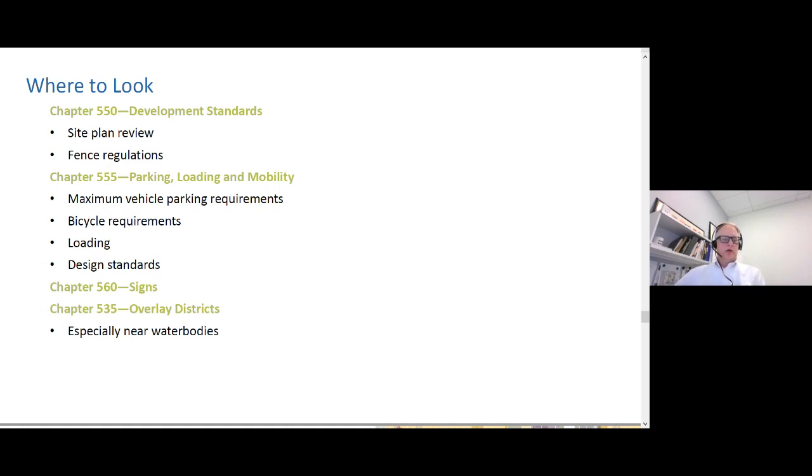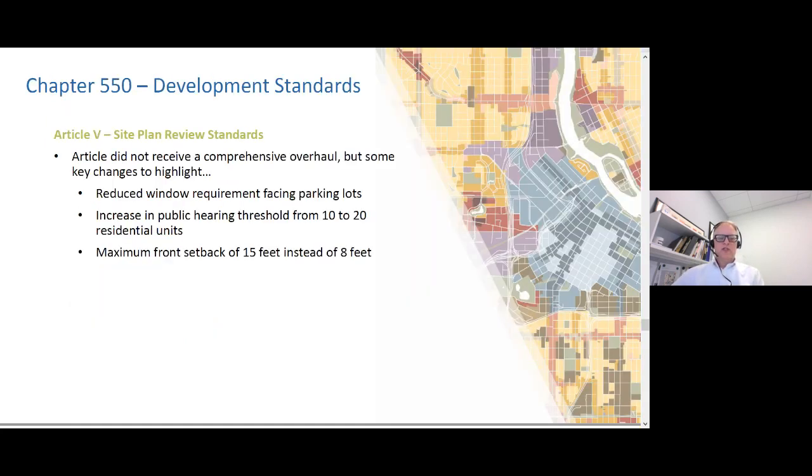We largely overhauled that chapter in 2021. It did not change substantially, although there are some key changes that we'll talk about. Both off-premise and on-premise signs are now consolidated into Chapter 560 and overlay districts in 535. Next slide, please, to get into more specifics.